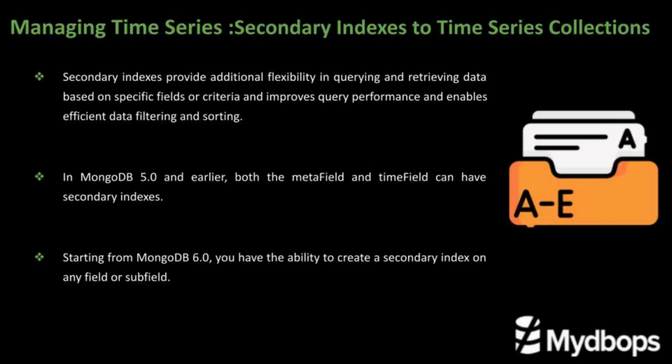But we suggest you use a cluster index to improve your storage efficiency as well. To achieve this, we need to use a hint from the application and use the cluster index. And also, TTL index, text index and geoHaystack index are not supported in time series collections.